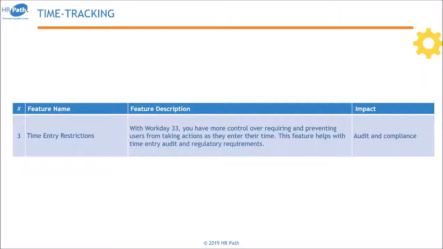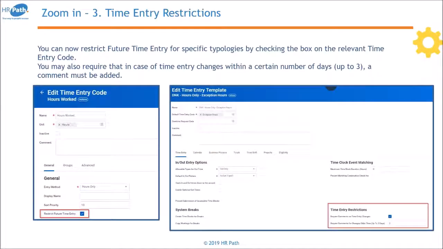It is possible, for example, to require a comment when a worker is entering his time, and also to restrict time entry in the future. So I will go deeper into this new feature.